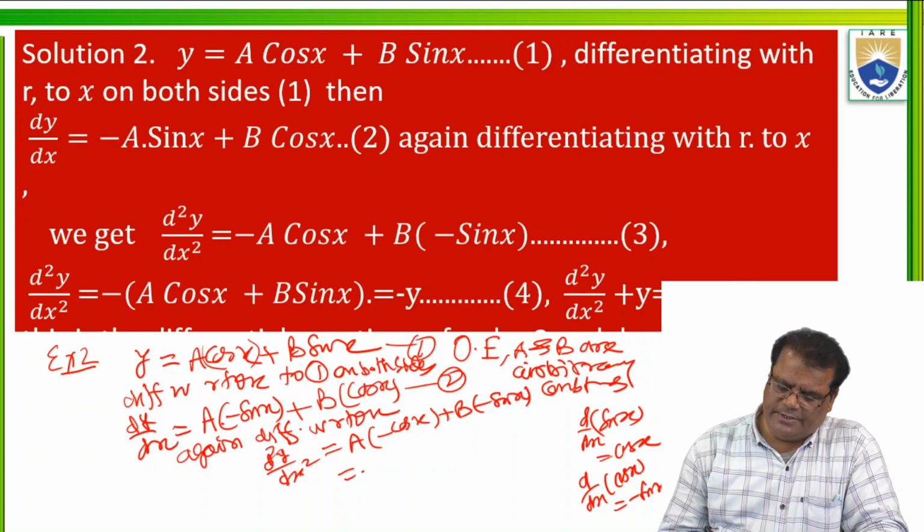So minus is common and we write here a cos x plus b sin x.